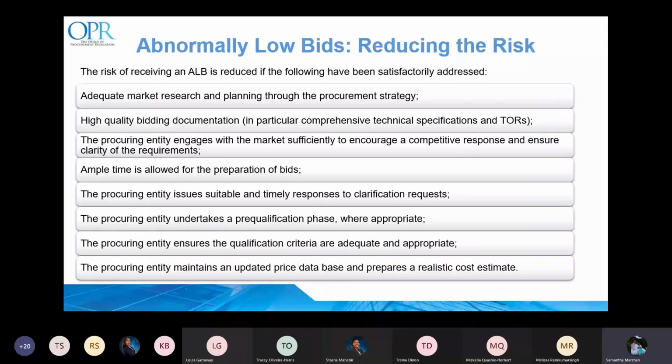The procuring entity must allow sufficient time for the preparation of bids. It must also provide suitable responses to clarification requests and should do so in a timely manner. Undertake pre-qualification as required. Ensure that the qualification criteria are adequate and appropriate, and prepare realistic cost estimates and update them.